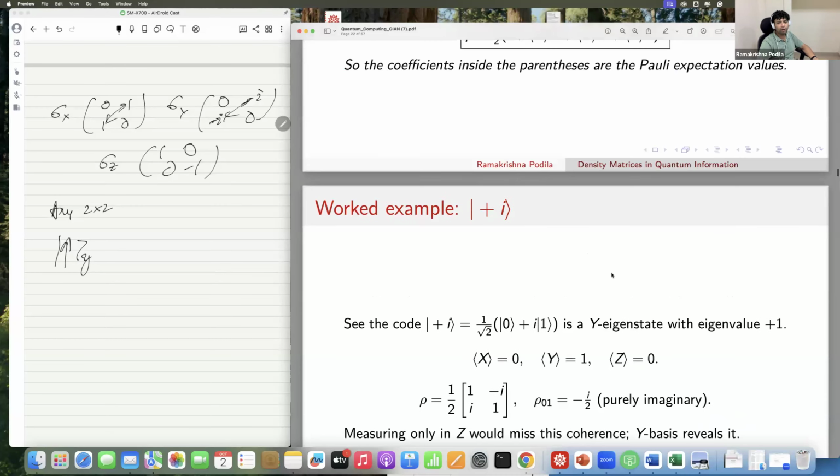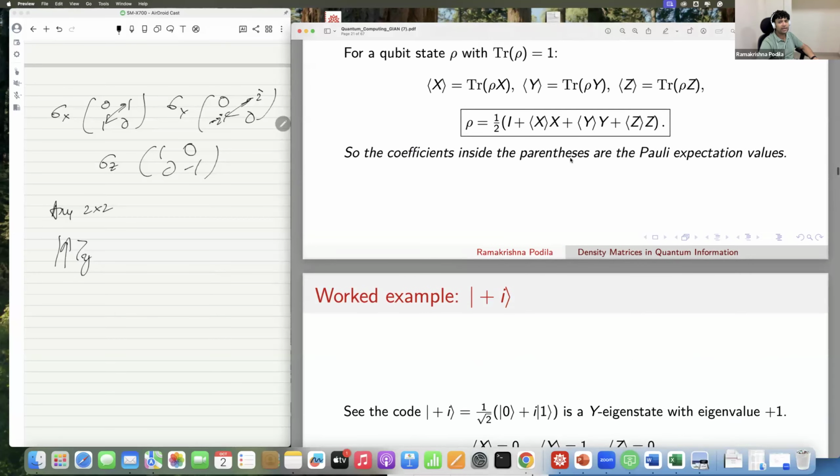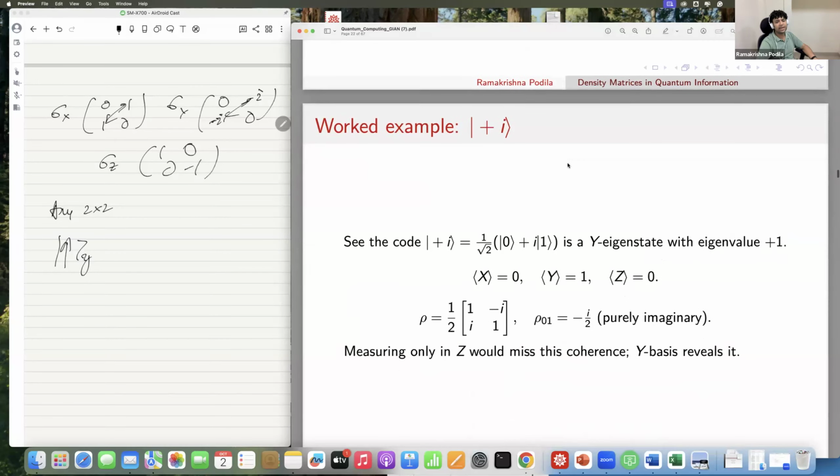So then following this linear combination, because these Pauli matrices along with the identity form a basis, I can just write the density matrix directly, even without doing it the other way we were calculating. I know that along X, the average of sigma X is 0, because half the particles would have spin up, half would have spin down.